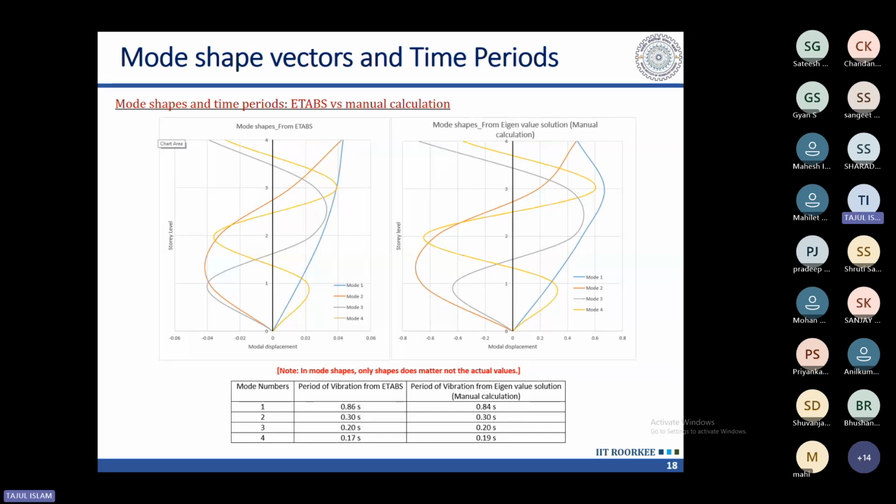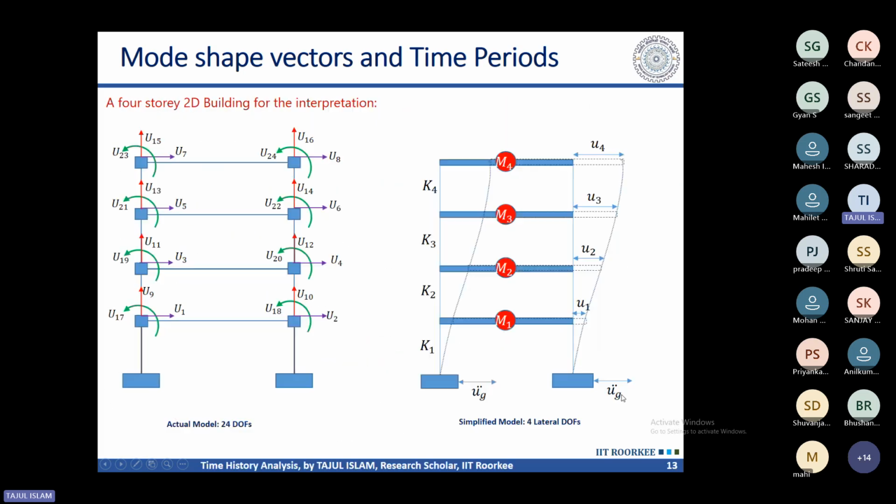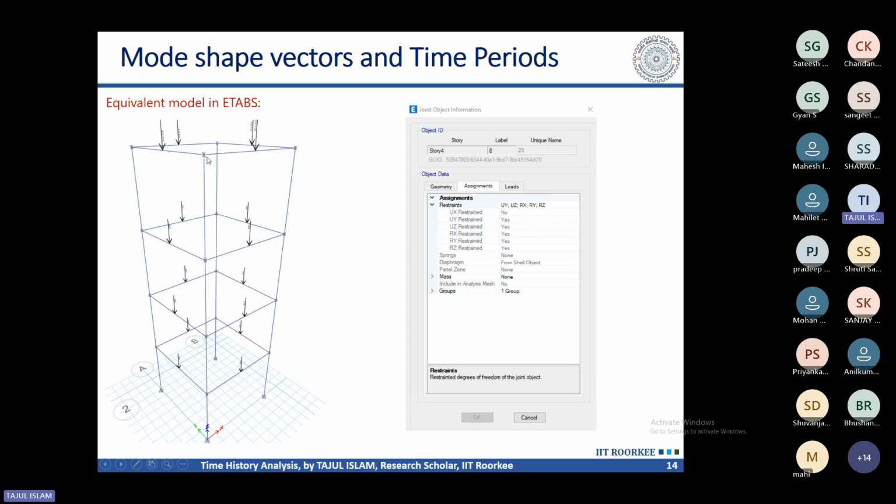So now this was for a simplified model. What do you have to do for an actual structure? In an actual structure, you have to consider all the degrees of freedom. So each node will have 6 degrees of freedom, and this simplified model will not be applicable there. And also here, the locked degrees of freedom should not be applied.